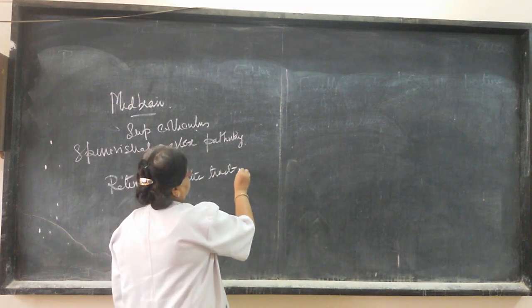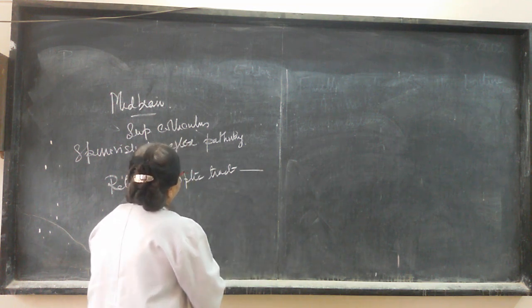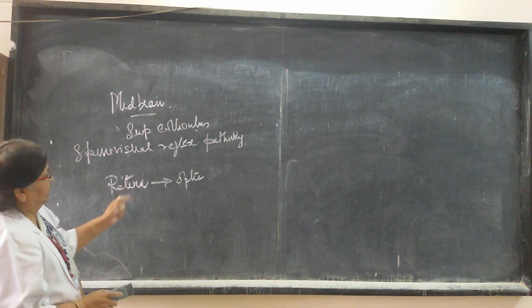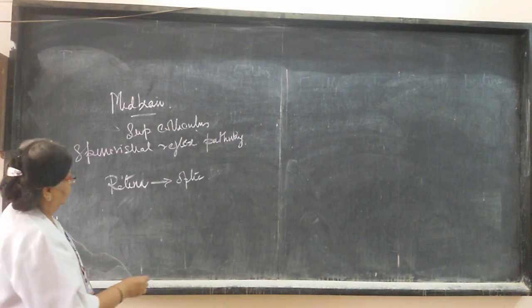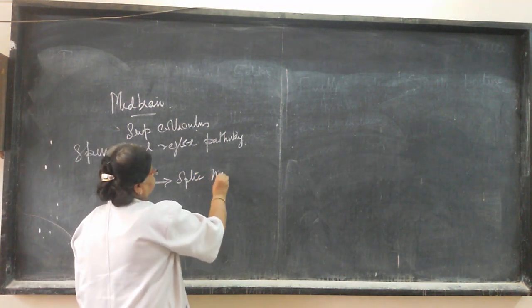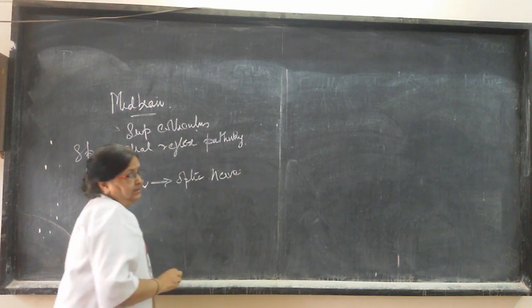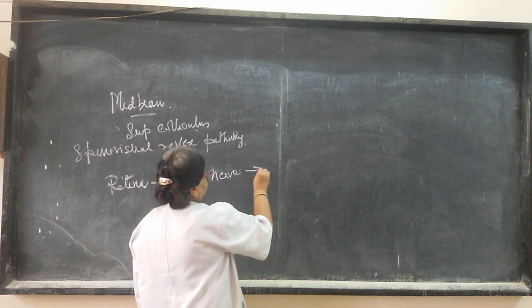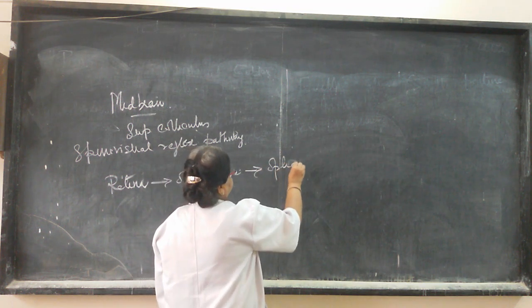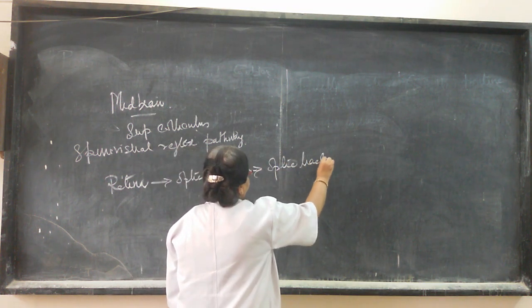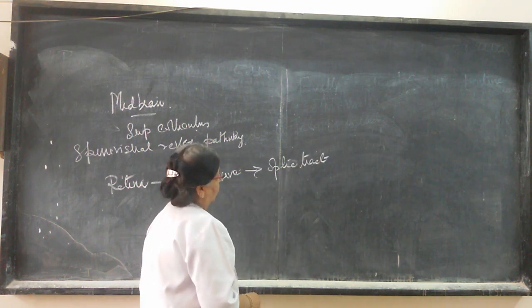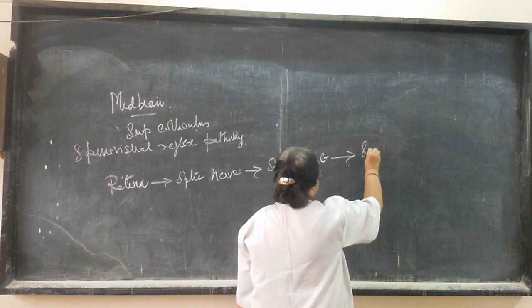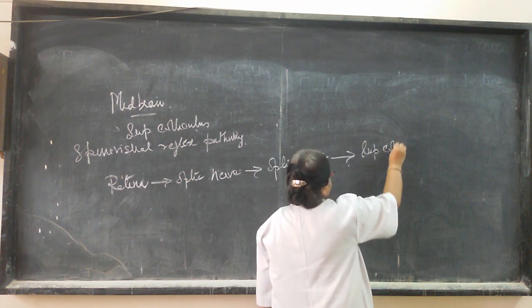The fibers which start from retina go to the optic nerve. Then through optic chiasma, the fibers will go to optic tract. And the optic tract goes to superior colliculus.